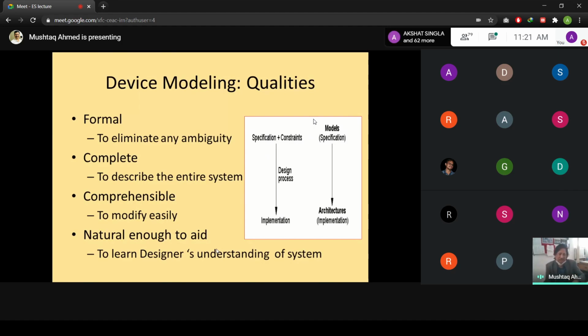So pertaining to device modeling techniques, various constraints arise such that device modeling will not be feasible with some techniques. As with the state transition diagram, for a larger system it is not a good solution because it would be too complex to represent each and every transition state. While the other methods we shall go through are self-comprehensible and indicate those functions easily, and using them we can make things understandable.